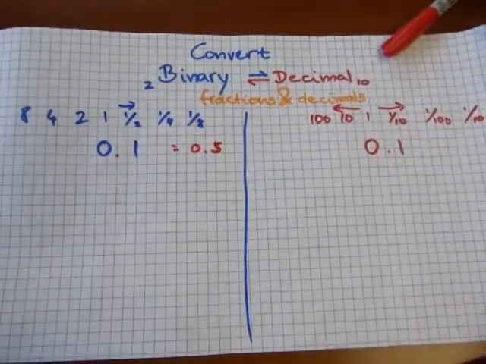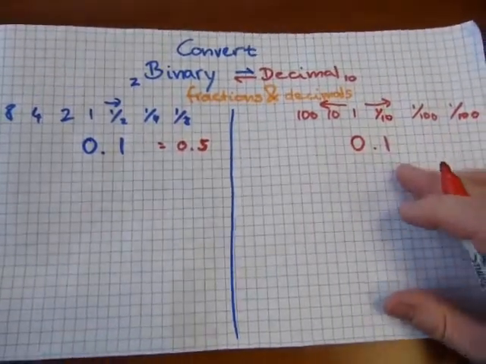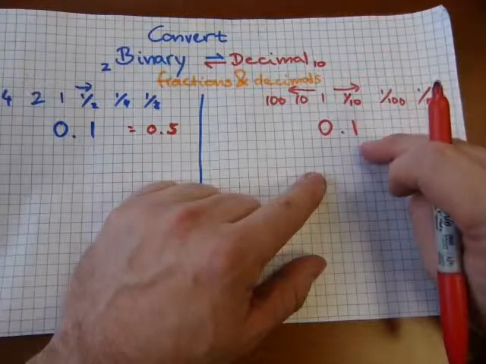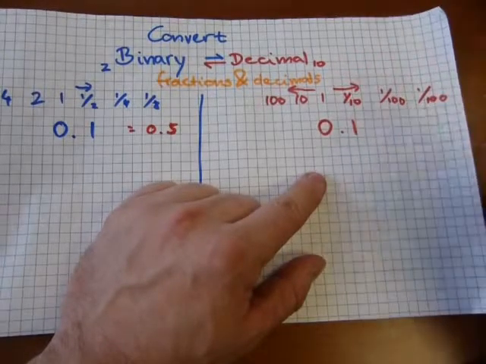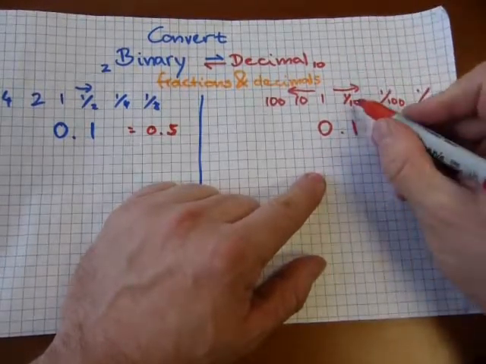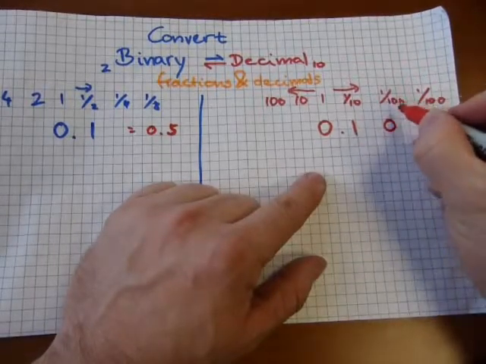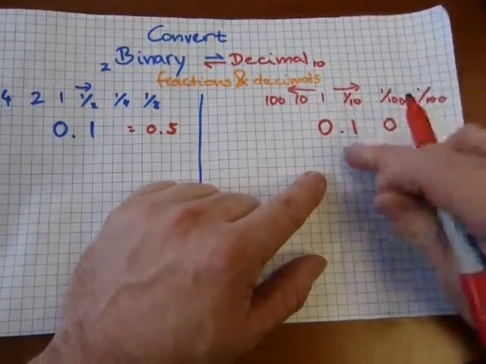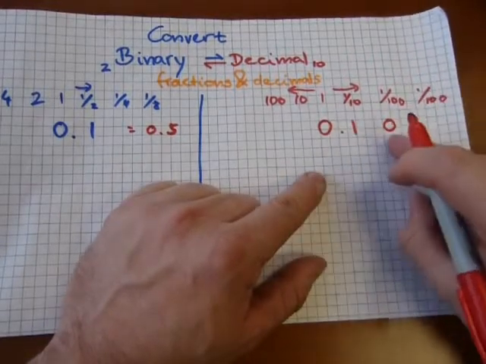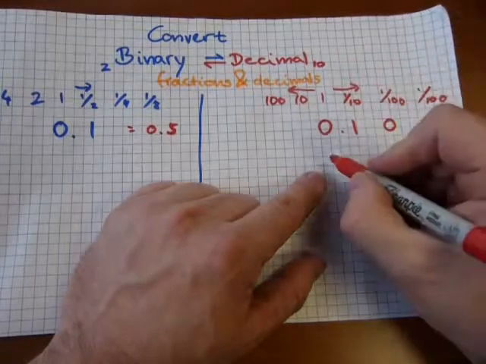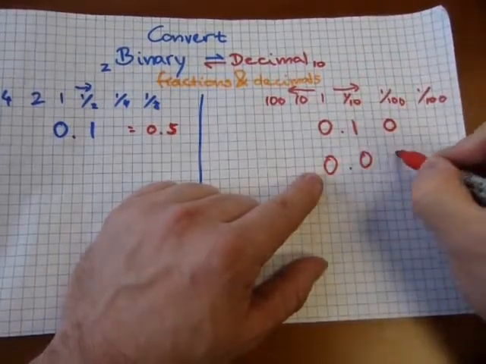In the decimal system, if you want to write an amount that is less than 0.1, you have to remember that 1/10 is the same as 10 hundredths. And if you want just a little bit less than 10 hundredths, then you have 9 hundredths. So that's how it's written.